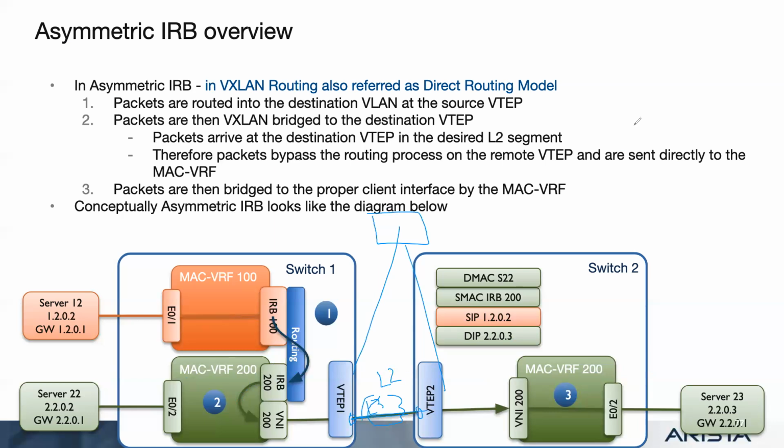Some customers do that, it's very rare, but it's also there. The spine is just a medium, because there are many VTAPs and you can't have full mesh connectivity between all of them. The spine is just to fulfill that. Any other question?